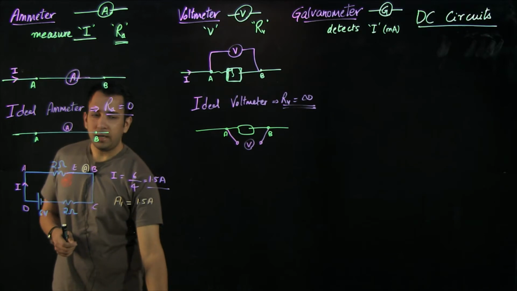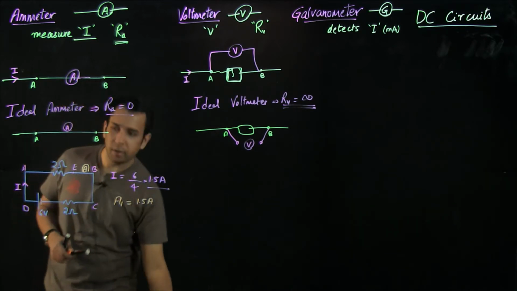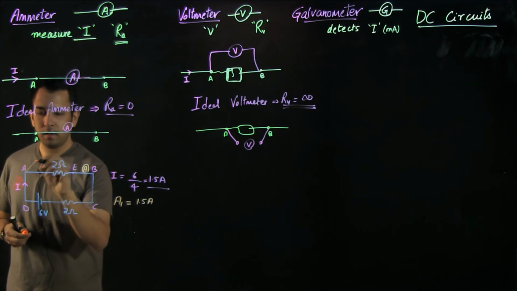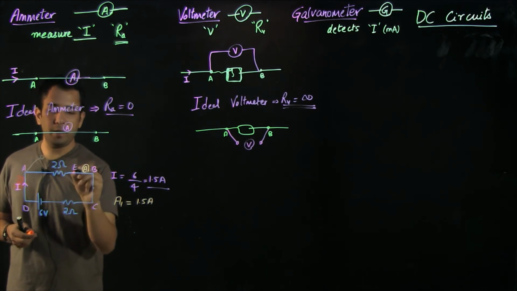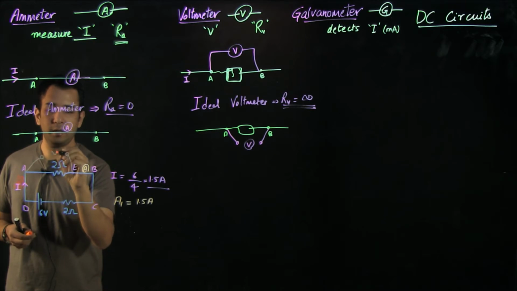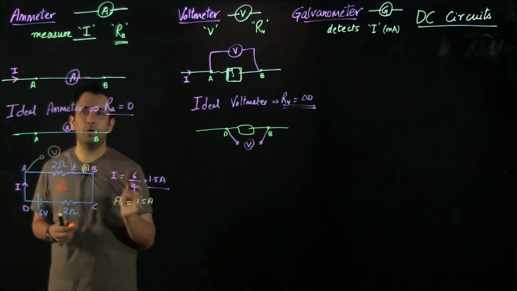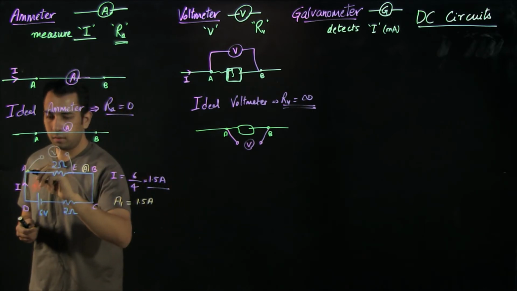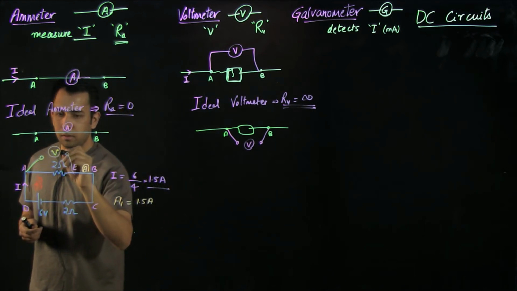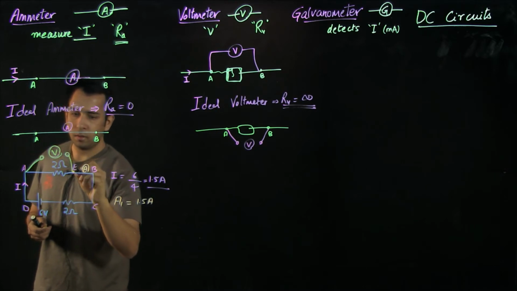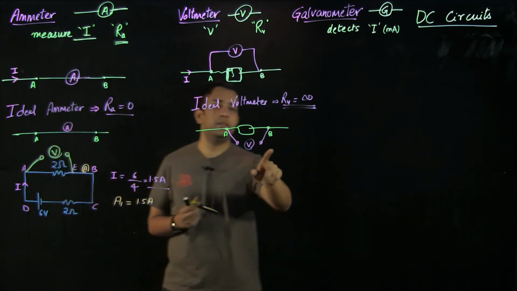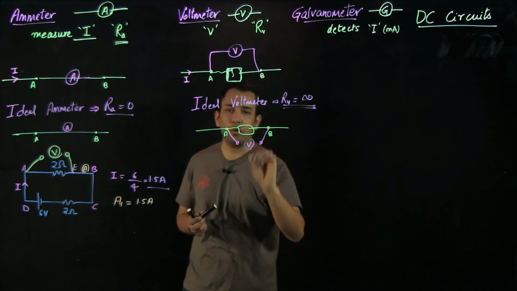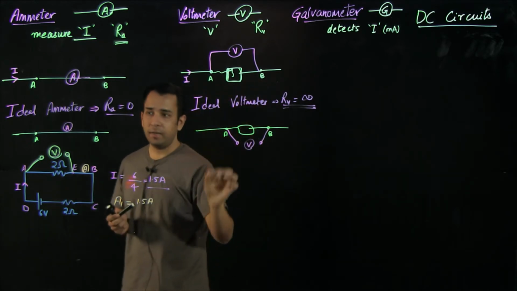Similarly, let's say I want to measure the potential difference between A and E. So I would be applying an ideal voltmeter between A and E. So let's say this is an open circuit, and I am just applying a voltmeter, because we already established that a voltmeter can be replaced by an open circuit due to its infinite resistance in its ideal state.